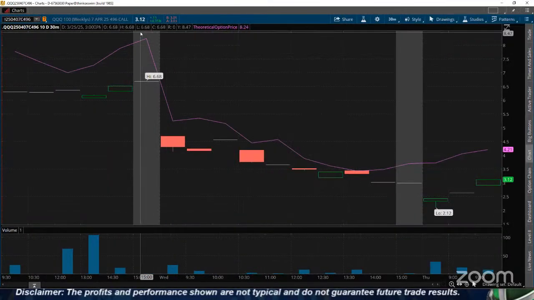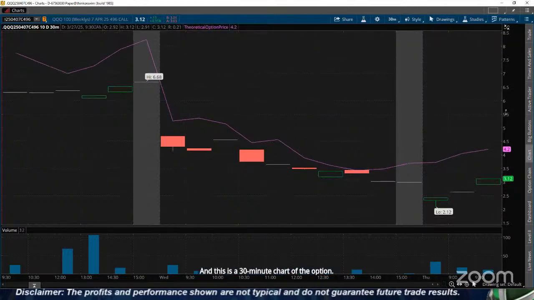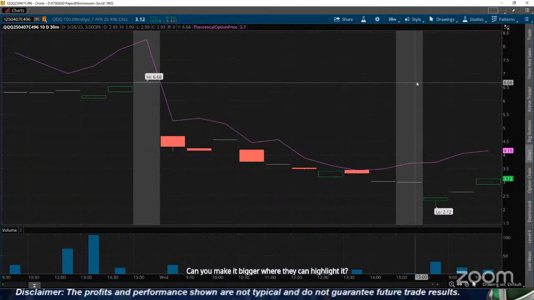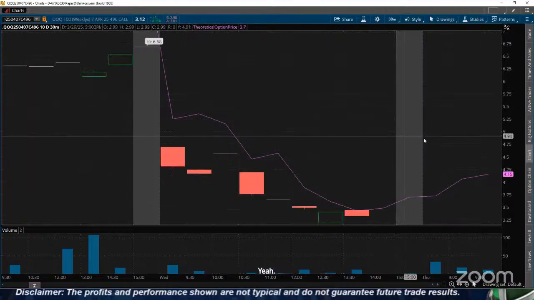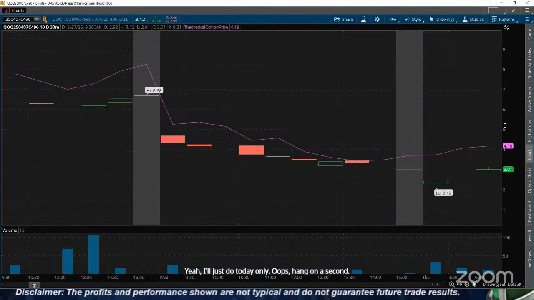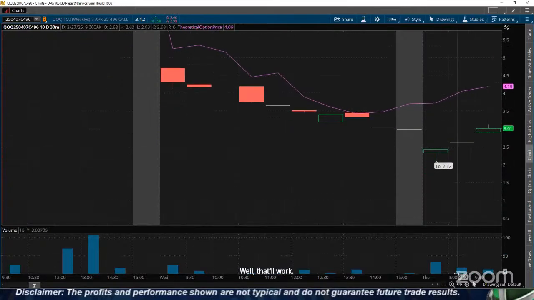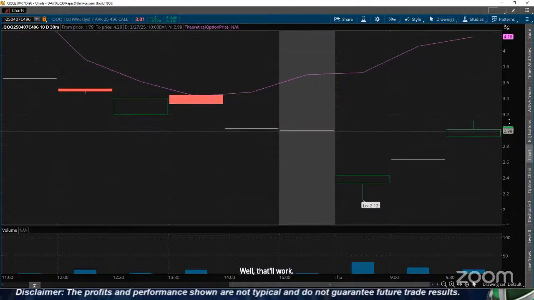And this is a 30-minute chart of the option. Can you make it bigger where they can highlight it? Yeah, I'll just do today only. Oh, that'll work.